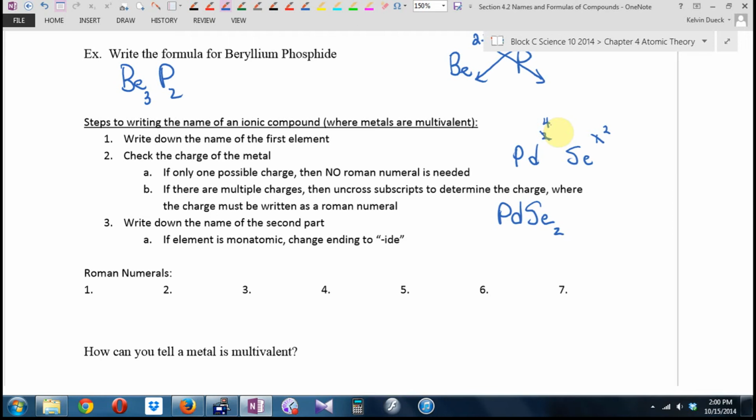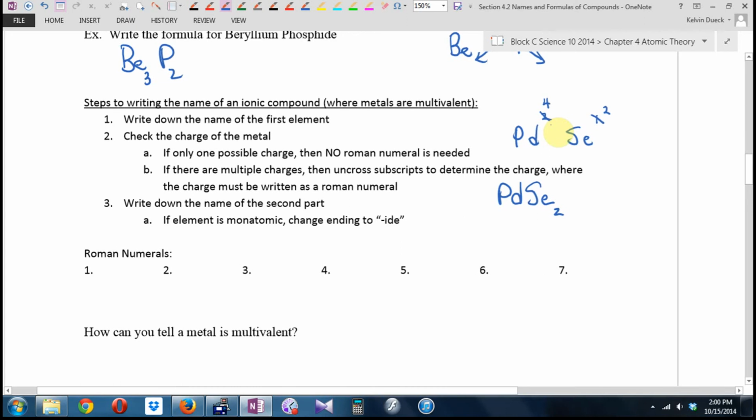So I wrote down here, if there are multiple charges, uncross the subscripts to determine the charge, and then the charge is written as a Roman numeral in the English part. Write down the name of the second part, changing the ending to "ide." First of all, really quickly, Roman numerals. Did I give you the Roman numerals on the back of the pink sheet? I did not.